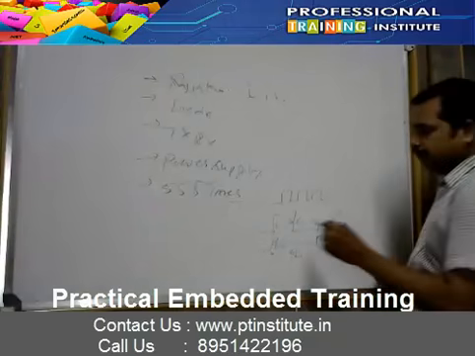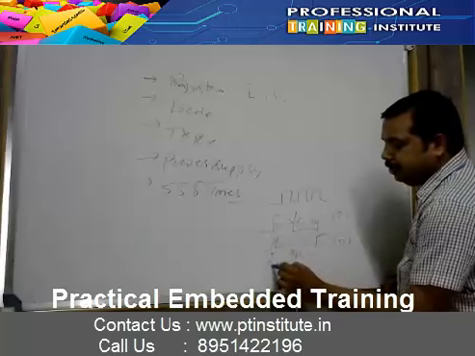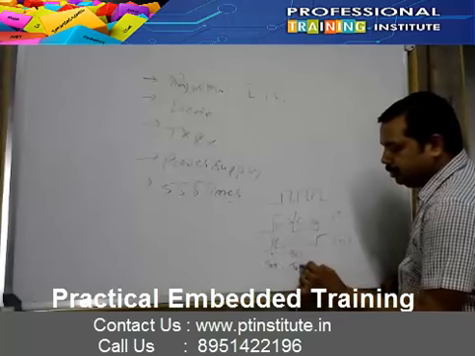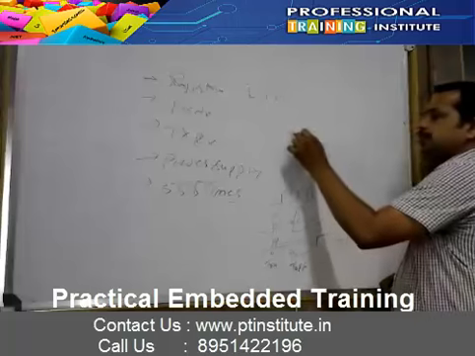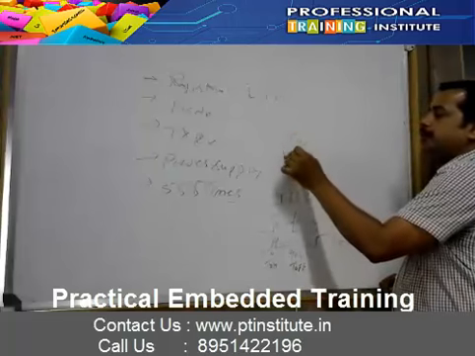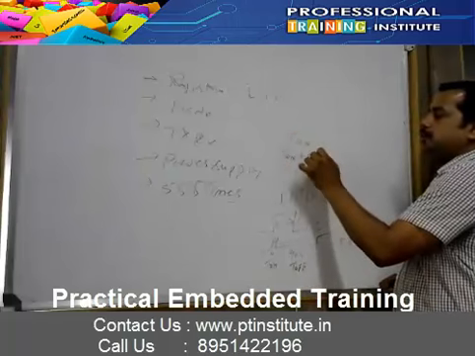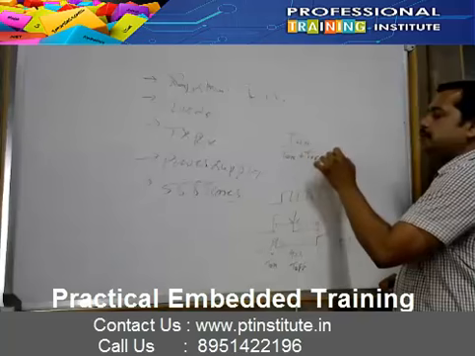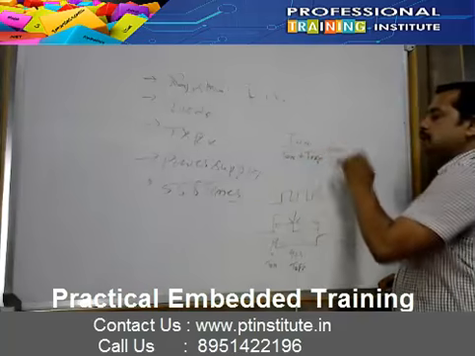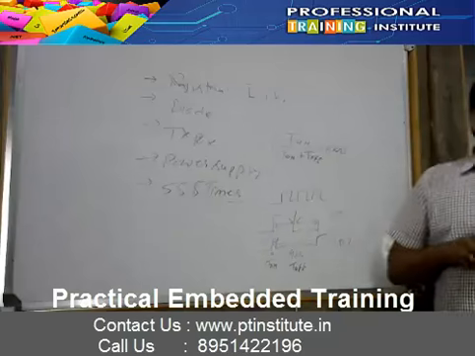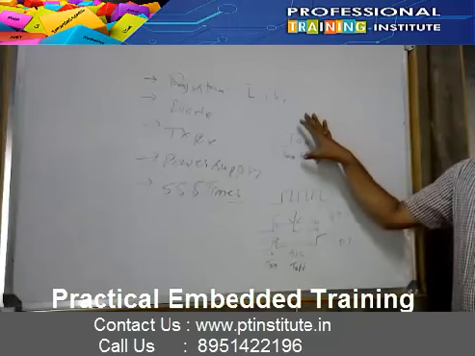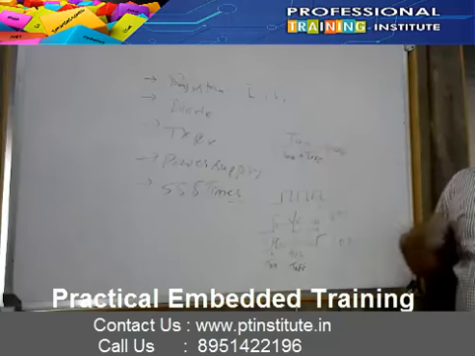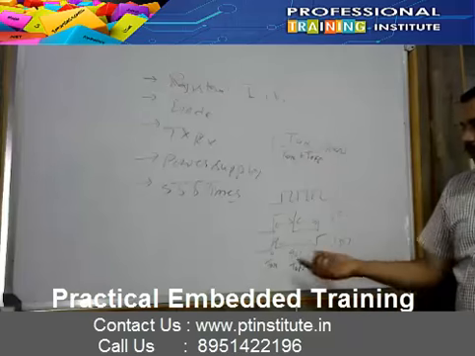There is one formula for that. Consider this is T on and this is T off. So T on upon T on plus T off. I don't want to tell this formula, but just because you asked, that's why I am doing it.